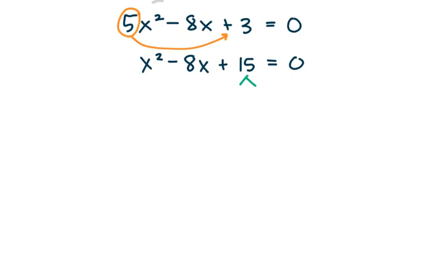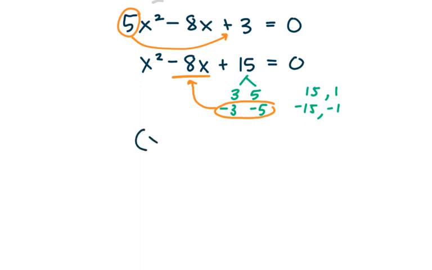At this point, I'm looking at factors of positive 15 that would add to give me negative 8. I would either have positive 3 and positive 5 or negative 3 times negative 5. We also have 15 and 1, negative 15 and negative 1, but hopefully you see the negative 3 and the negative 5. That's what's going to sum to give me that linear term, negative 8.